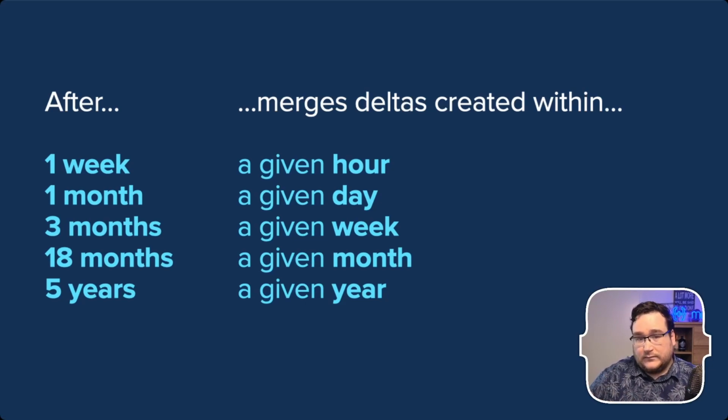A month from now, any changes on that specific day are going to get combined together. And obviously this is on the field level, so any changes made to your content or your titles, template variables, this is all on the field level that is going to get combined.